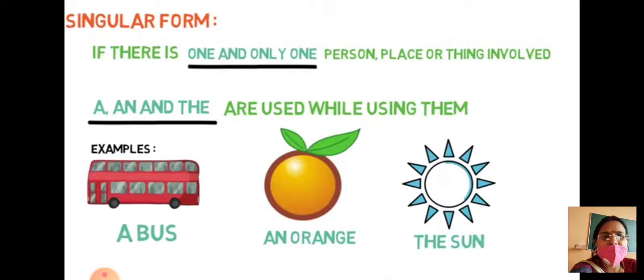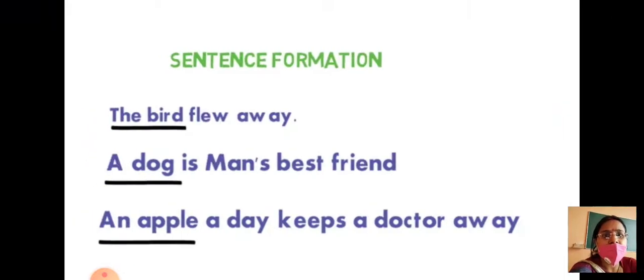These are a few examples because these all are singular. Very good. And now the sentence formation of these singular sentences: the bird flew away, a dog is man's best friend, an apple a day keeps the doctor away. So these are some singular sentences with the noun.